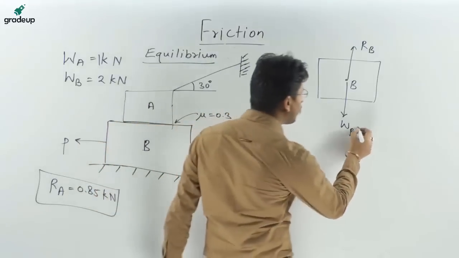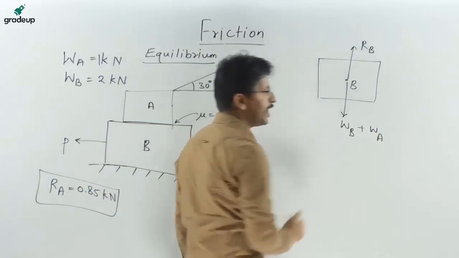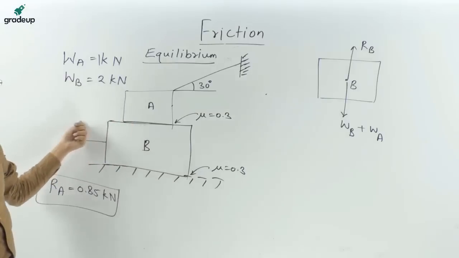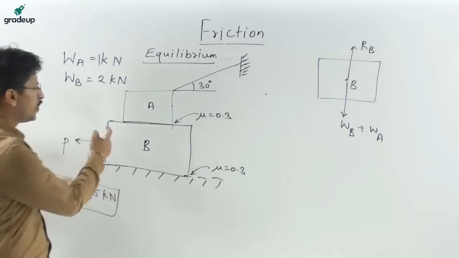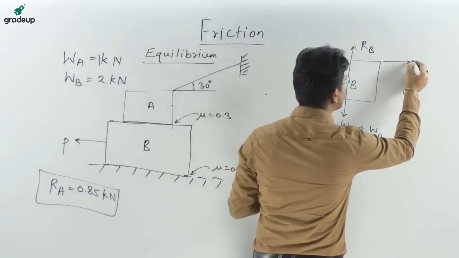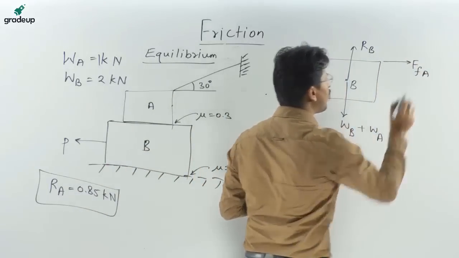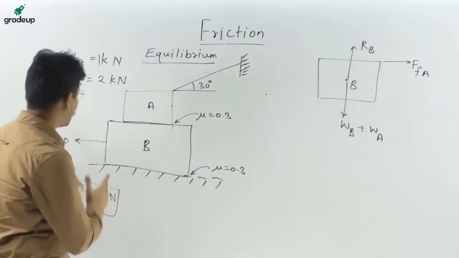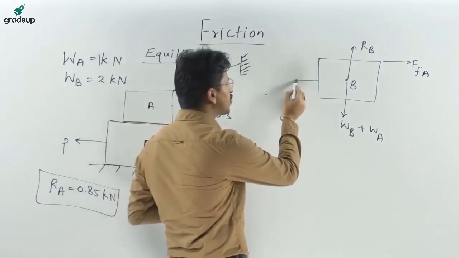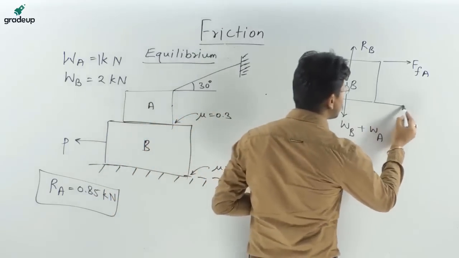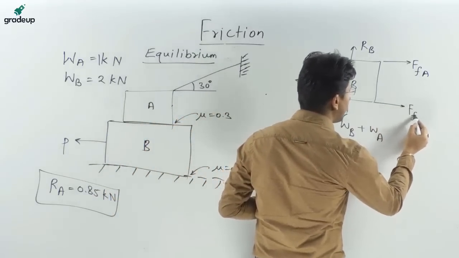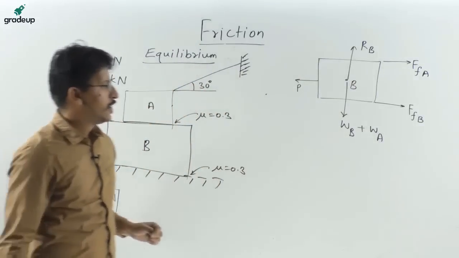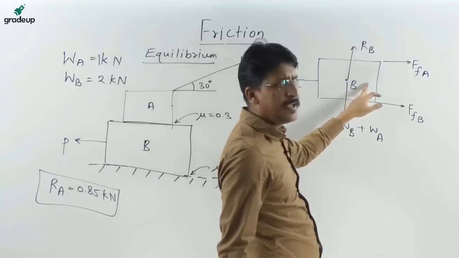So there will be weight of B plus weight of A. On this upper body the force of friction was in this direction. So on the top surface, the force of friction will be in this direction, that is FF of A. And if there is a force P applied in this direction, the force of friction due to this will be in the backward direction. So this is the free body diagram of the body B.